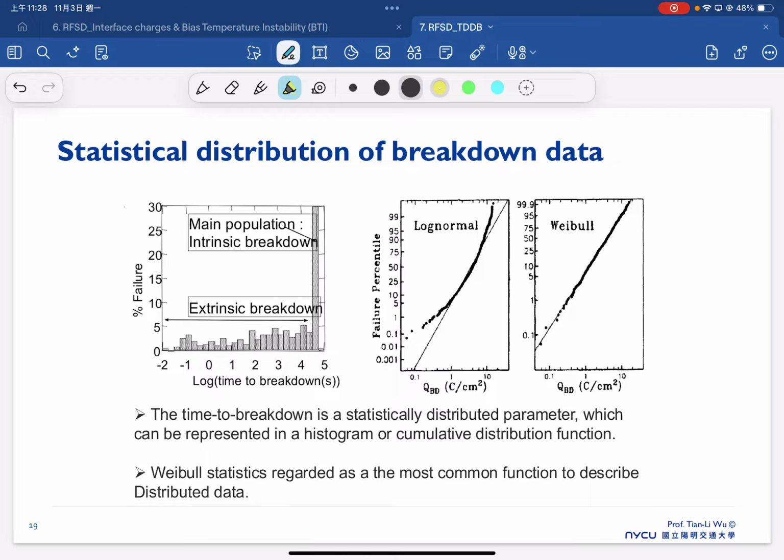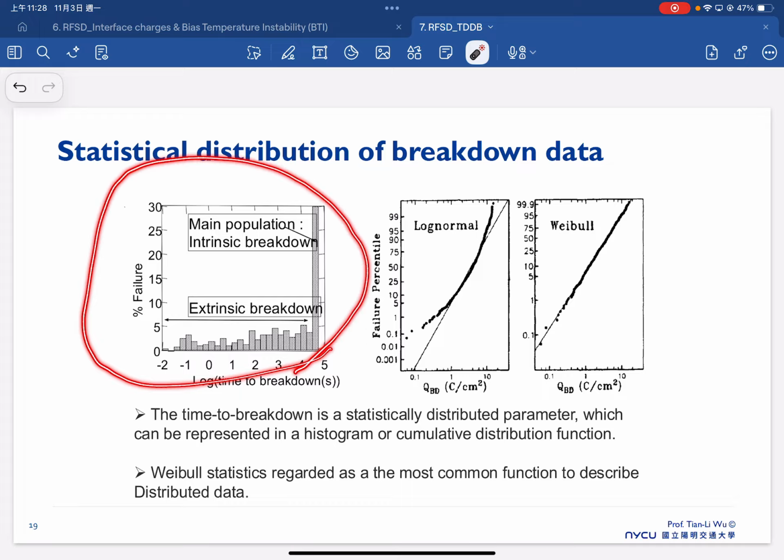As this shows, this is a histogram of a huge number of MOS capacitors stressed until hard breakdown. We can see there are two different kinds of breakdown characteristics.